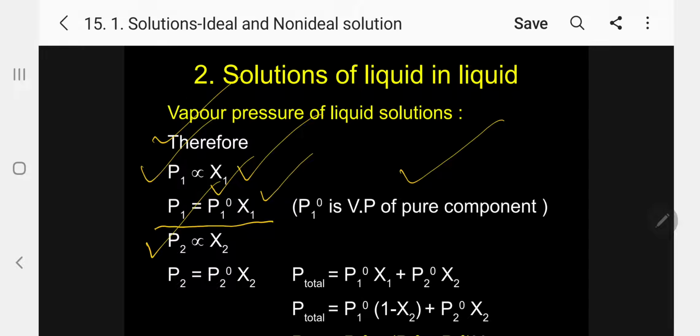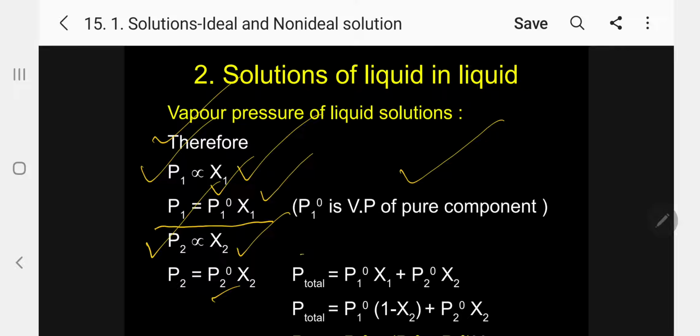Similarly, vapor pressure of the liquid solute is directly proportional to mole fraction of the solute. Or I can equate by putting a constant: P2 equals P2 0 into X2, where P2 0 is a constant, nothing but the vapor pressure of the pure component of the solute. Kindly follow.